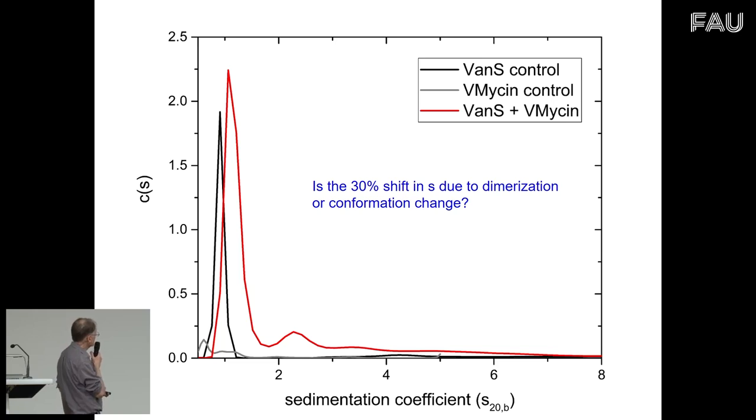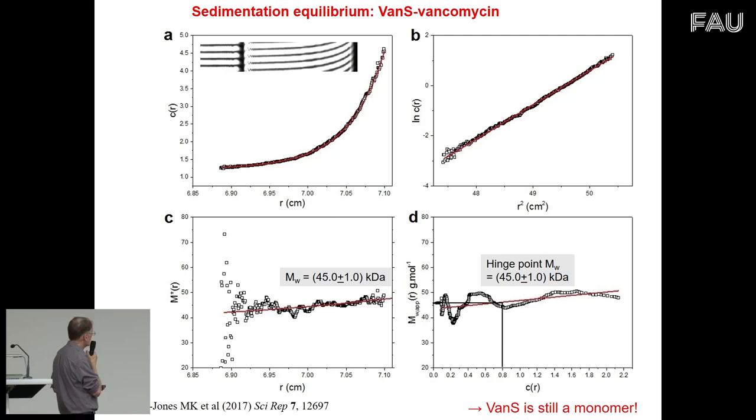So the question is, is this 30% shift due to dimerization or conformation change? There's insufficient mass on the vancomycin itself to noticeably shift the sedimentation coefficient by that much. So again, we check with sedimentation equilibrium, and Van S is still a monomer under these solvent conditions.